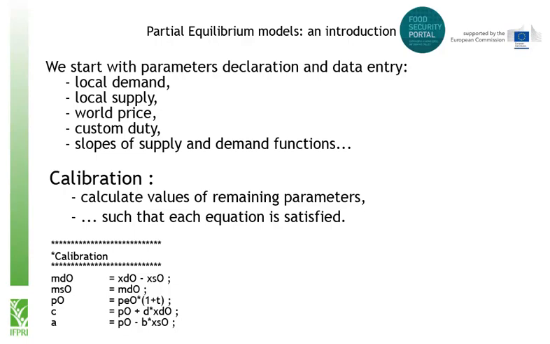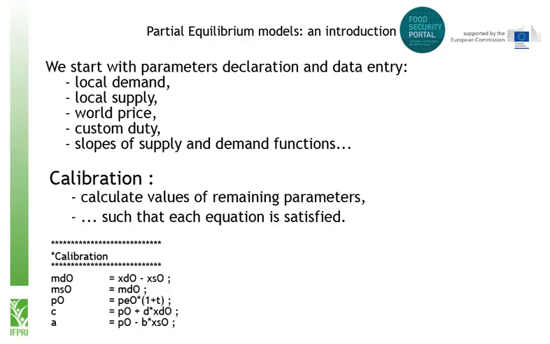There is one remark I want to make, but maybe you understood this point already: you have a specific order in the calibration, because for example here you give value to P0, then you give value to C. You cannot start with C, then P0. Why? Because in C you need to have a value for P0.